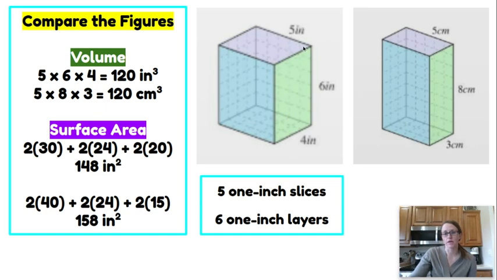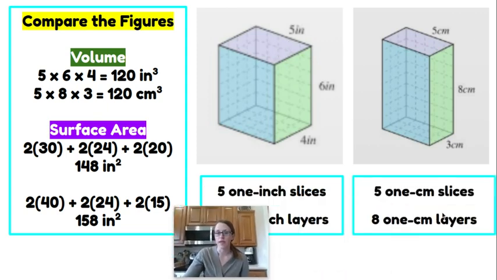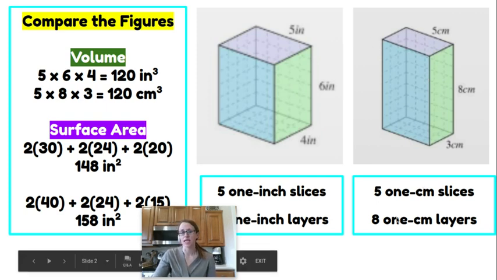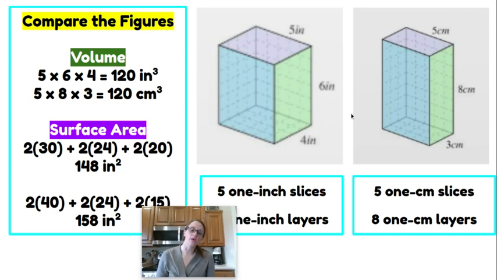So if I think about this as slices, if I slice down the front, I'm going to be able to do that 5 times for each 1-inch layer. On this one, I have 5 1-centimeter slices. So if I slice down the front here, I'm going to have 5 1-centimeter slices and 8 1-centimeter layers going up.